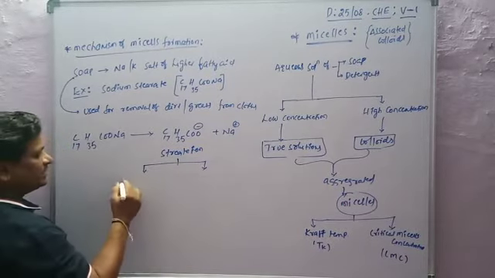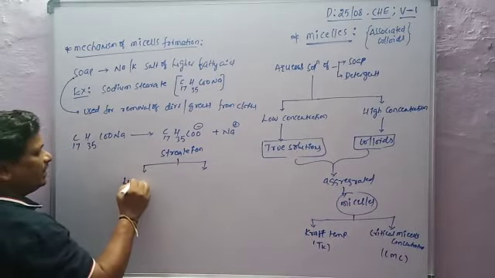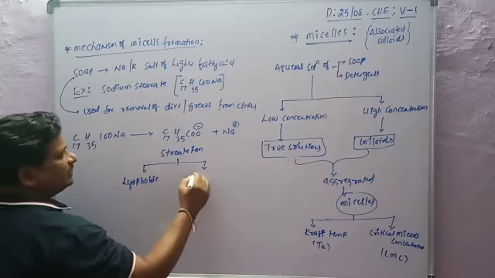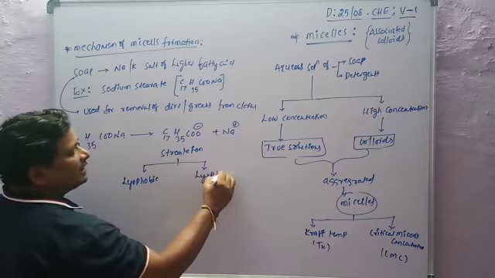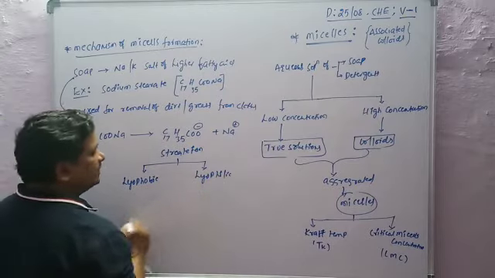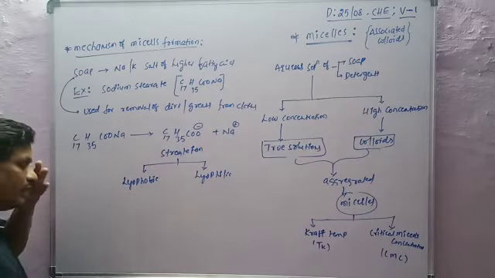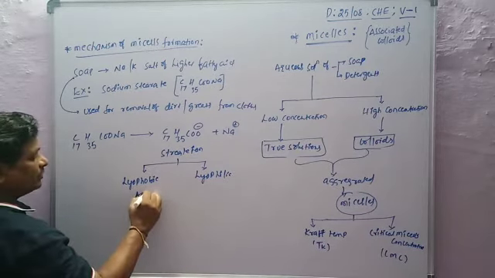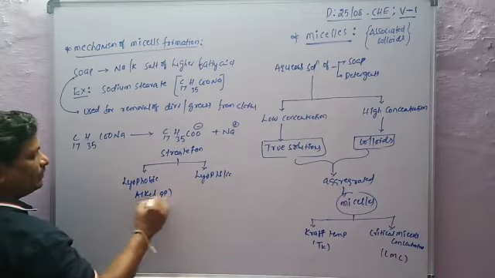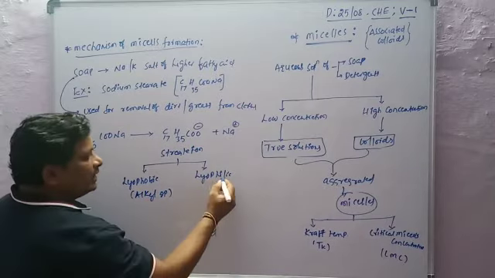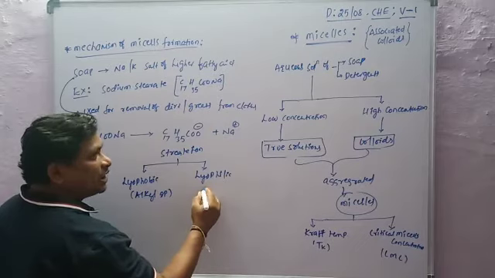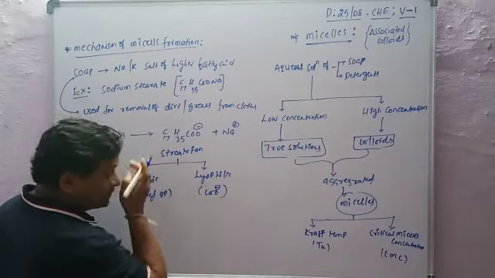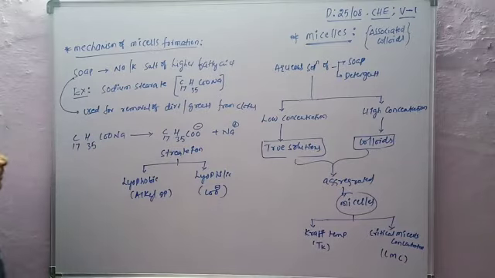One is the lyophobic end, the second one is the lyophilic end. The lyophobic end has the alkyl group, and the lyophilic end has the carboxylate ion, the COO minus group.